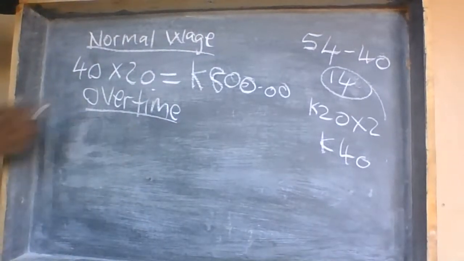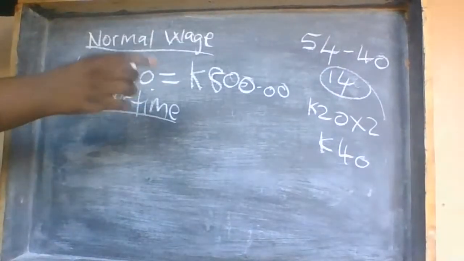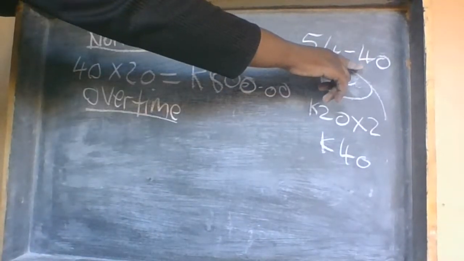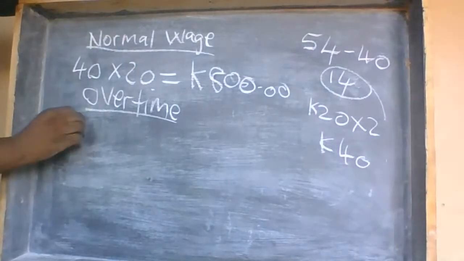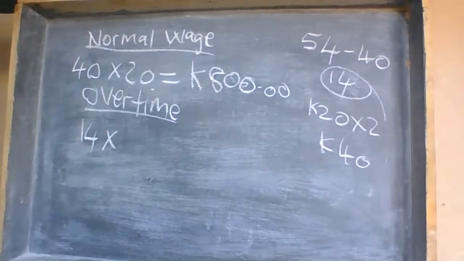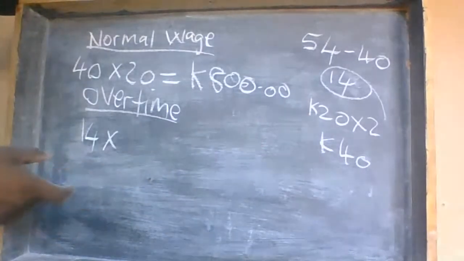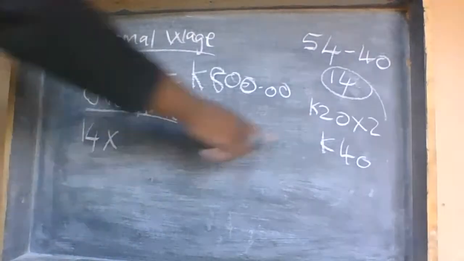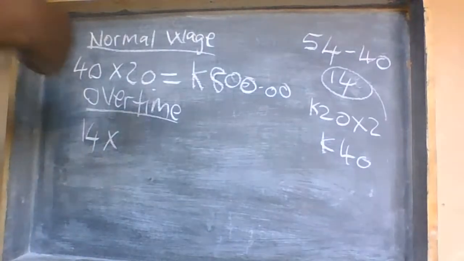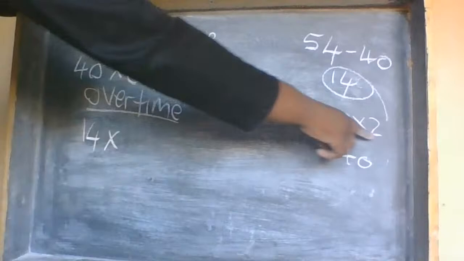To calculate the overtime, 54 minus 40, where 40 is the normal working hours, gave us 14. Therefore, 14 hours times the normal amount per hour, 20. But the question is saying for overtime, it will be double time. Therefore, 20 times 2 gives us 40.